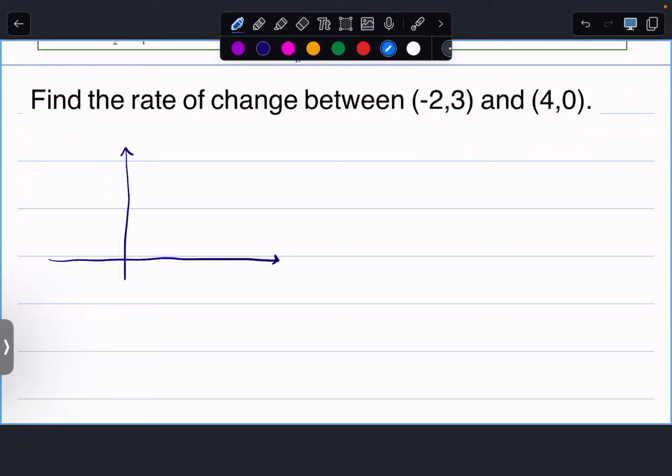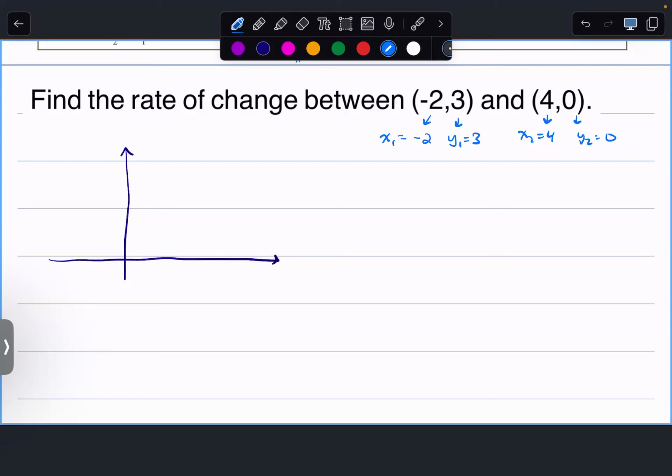So let's do that here. X1 is -2 and y1 is 3. X2 is 4 and y2 is 0. So I've got x1 and x2 and its corresponding outputs.